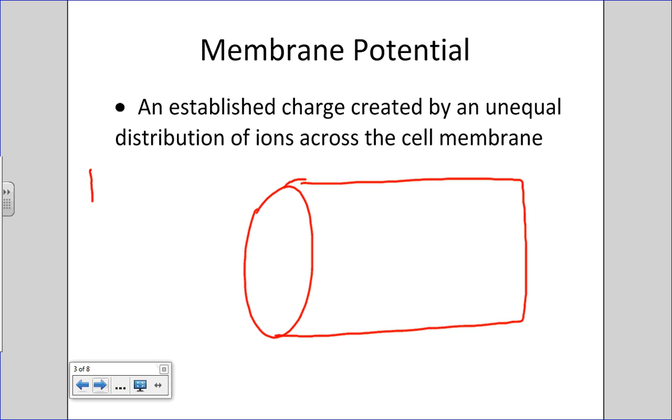Let's graph this out. I'll take a micropipette catheter that's about 1 micrometer in diameter at the tip, and get ready to poke this in. This catheter is hooked up to a voltmeter and amplifier, so we can measure a charge.